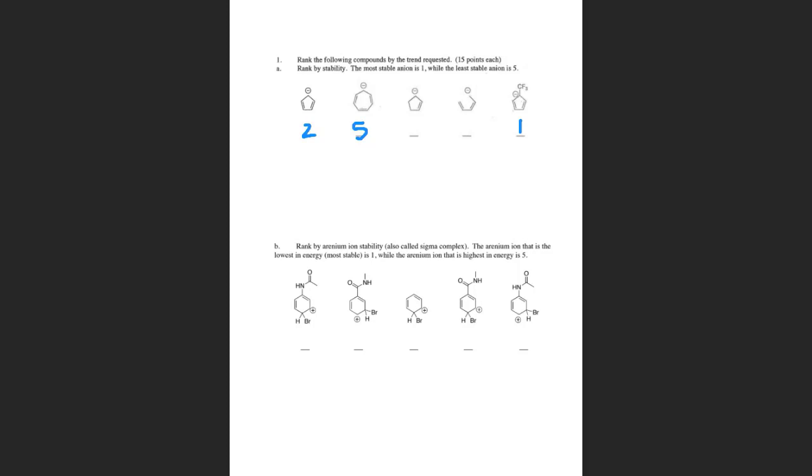Degree and allylic. Okay, so for these molecules, are they aromatic, anti-aromatic, or non-aromatic? Non-aromatic. Okay, perfect. And they're both allylic. What else can we look at?